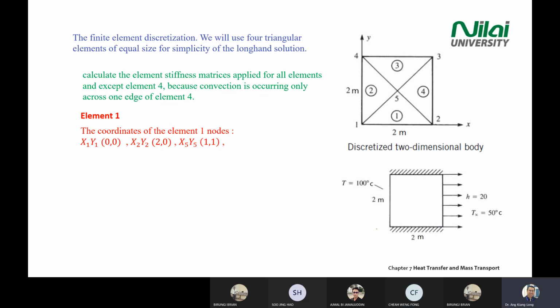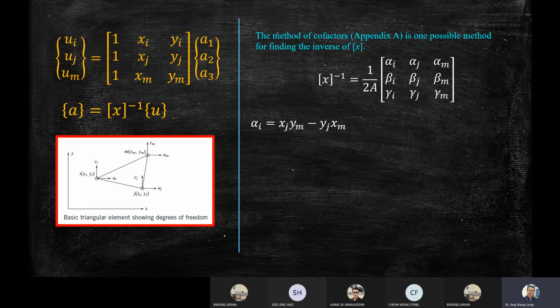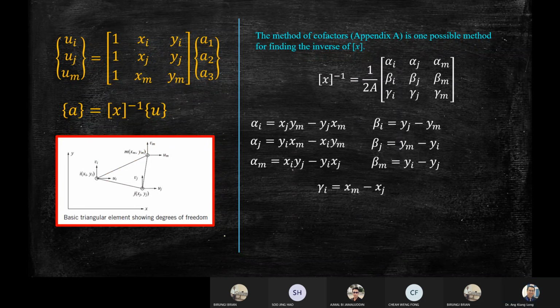All right, so for element 1, we have 3 coordinates. Actually, it's the same concept as what we learned in the triangular method. Now we apply it to heat transfer. As you can see here, I recall the slides for the 9 equations, the alpha, beta, gamma slides. So again, the IJM diagram is given.